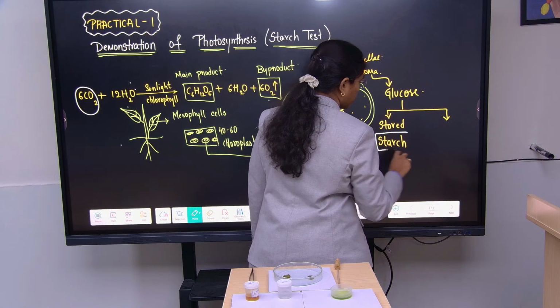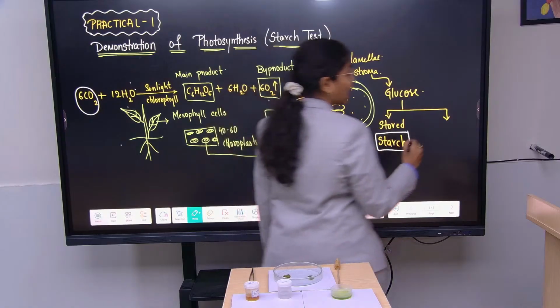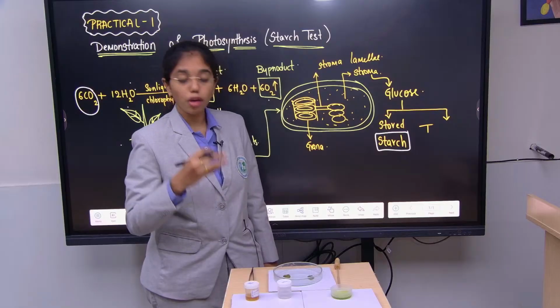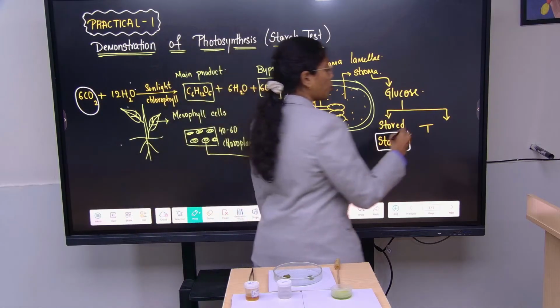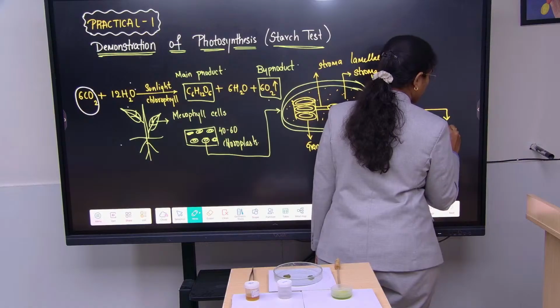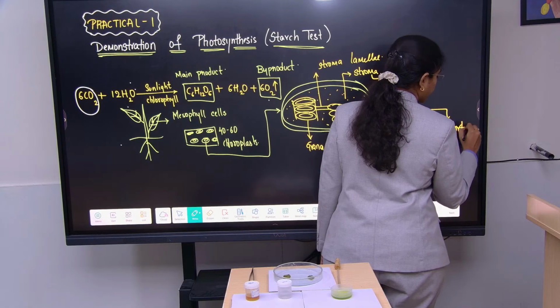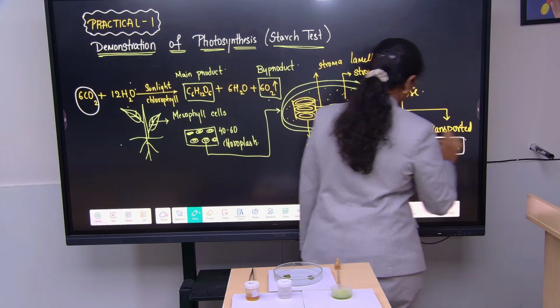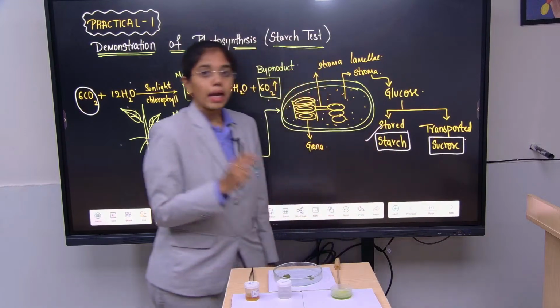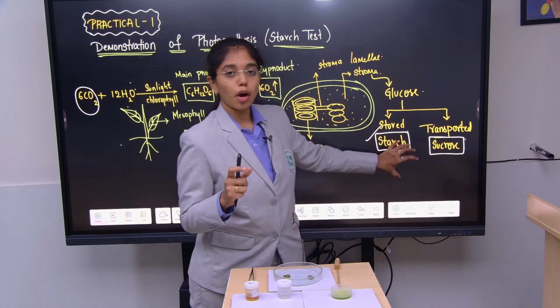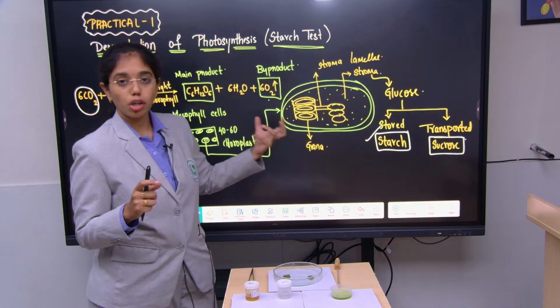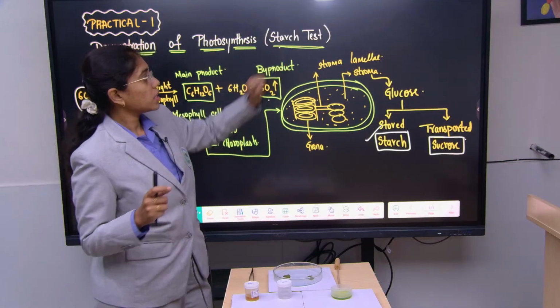If it has to be transported to other cells for the process of respiration or for oxidation, it will be transported in the form of sucrose. So in a leaf, whether starch is present or not, we are going to analyze by the starch test now.